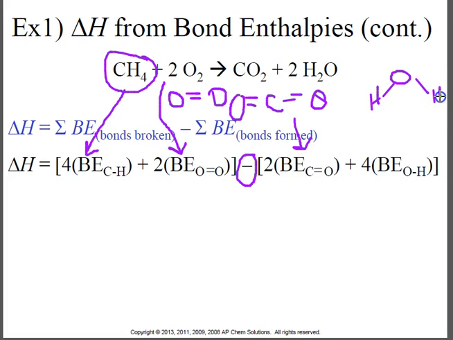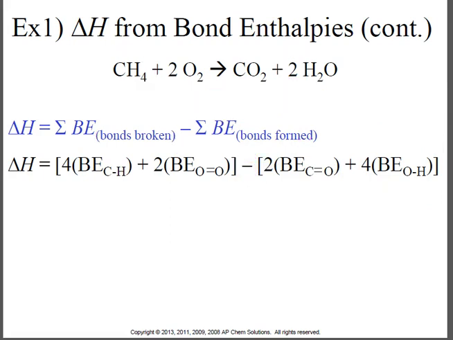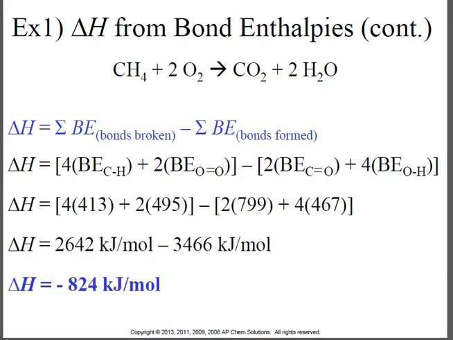So if there's 2 bonds in each one, and there's 2 molecules, that's 4 of those bonds. Right? So we have our bonds broken minus all of our bonds formed. So we'll plug in those numbers from the table and then solve, and we find that overall we have a delta H value of negative 824 kilojoules per mole.